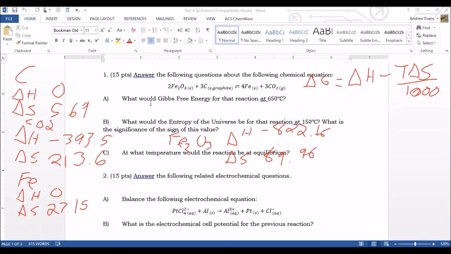Then, okay, I'm going to calculate my delta H. My delta H is products over reactants.